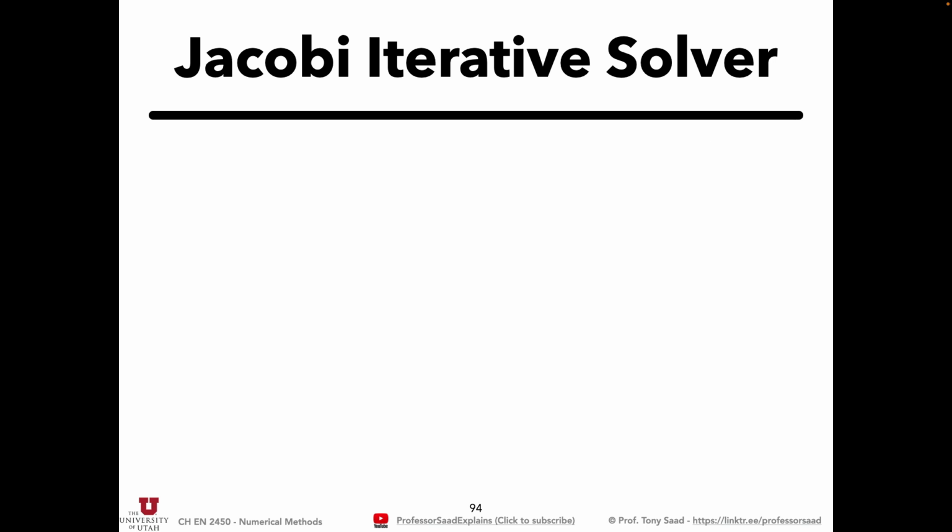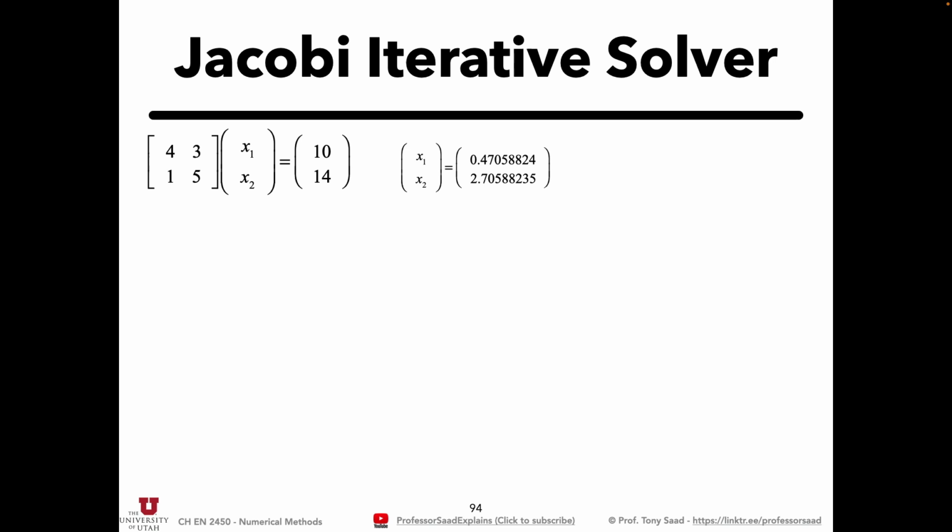Okay? So let's take an example, and if you want to do this by hand, grab a pen and just do a couple of iterations. You do this once, you get the aha moment. Okay? So grab a pen and paper and do it with me on the board. So I'm going to take two equations and two unknowns, same as before.